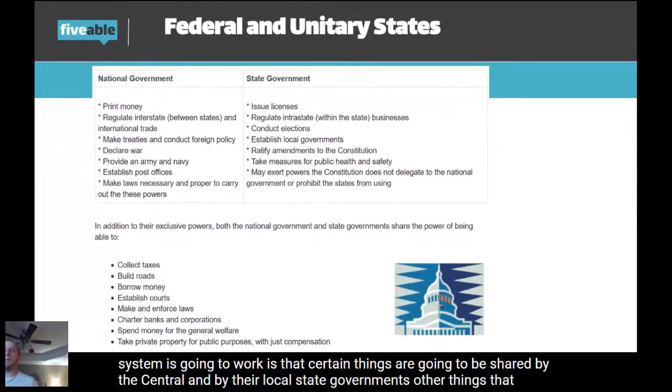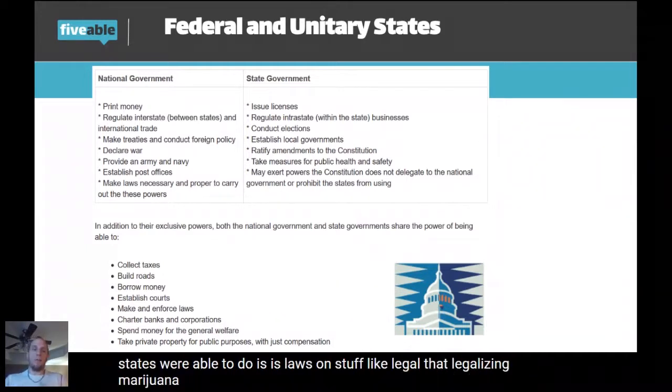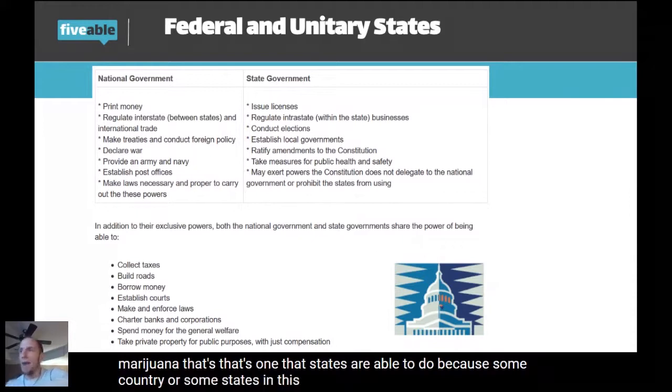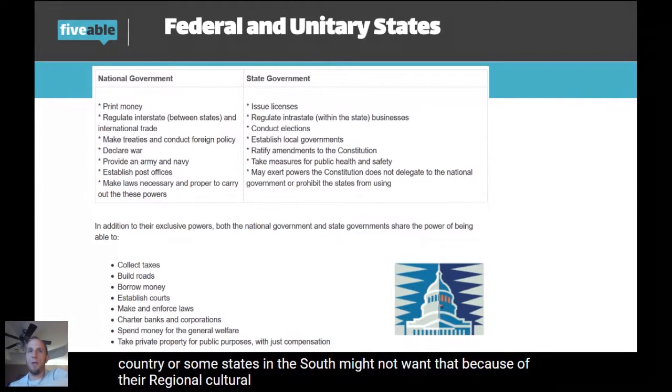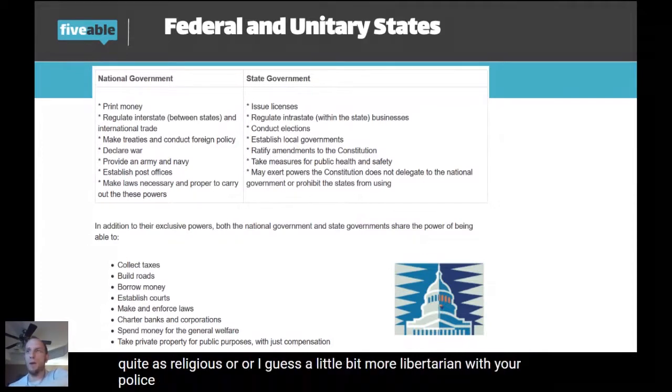Other things that our states are able to do is make laws on stuff like legalizing marijuana. That's one that states are able to do because some states in the South might not want that because of their regional, cultural, Christian values, and other states which are not quite as religious, or I guess a little bit more libertarian with their views, are like, hey, let's go smoke up, and we should be able to do that if we can drink.